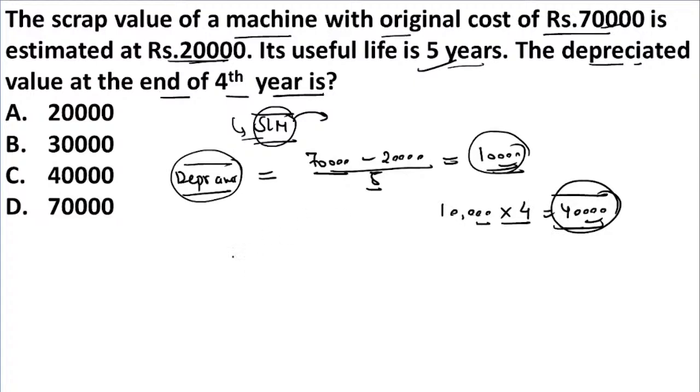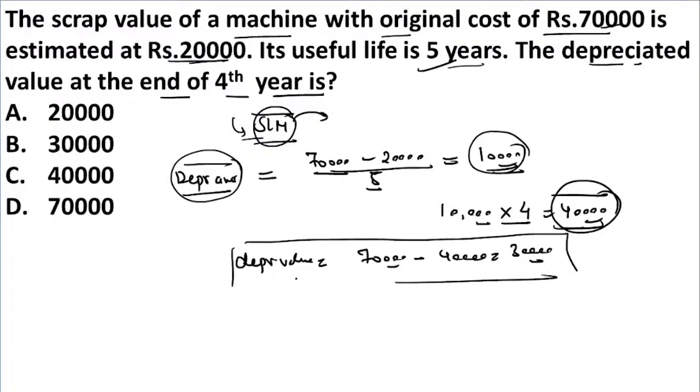So the value at the end of the fourth year will be 70,000 minus 40,000, which is 30,000. That would be the depreciated value of the machine.